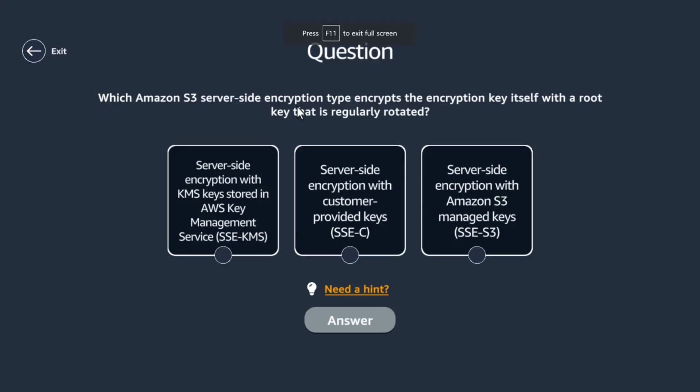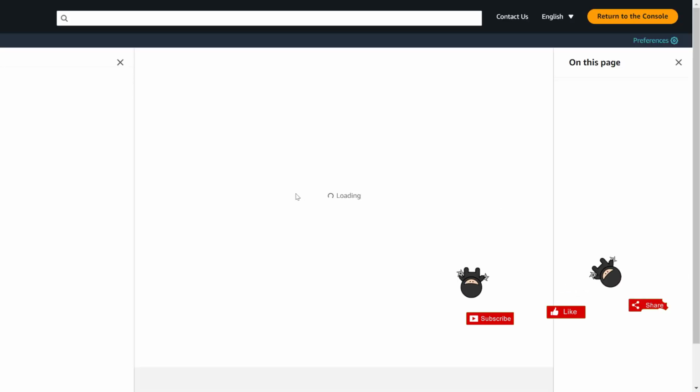Which Amazon S3 SSE type encrypts the encryption key itself with a root key that is regularly rotated? So, regularly rotated. I think customer provided key. If it is regularly rotated, like every year, I don't think it is this. KMS keys, I think it is this one. Customer provided keys.